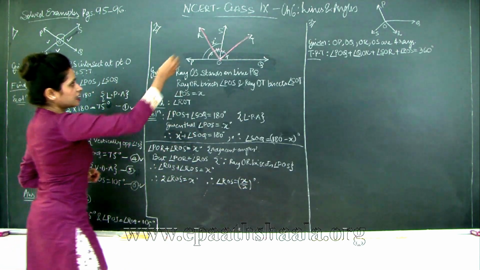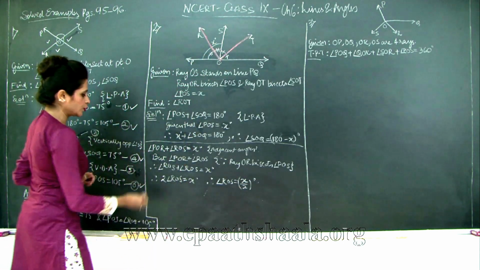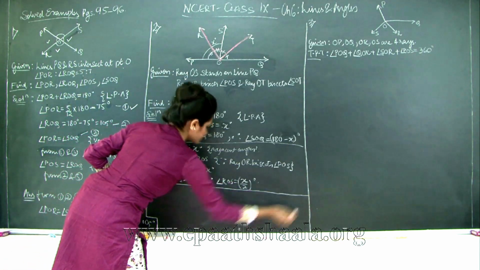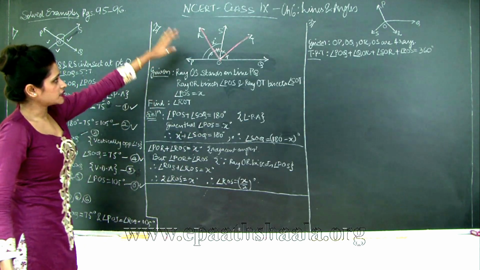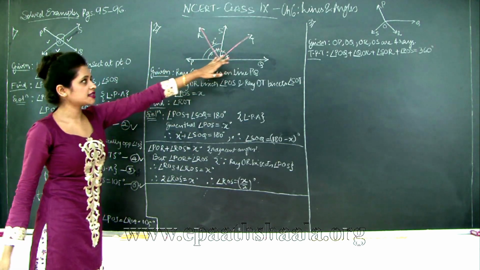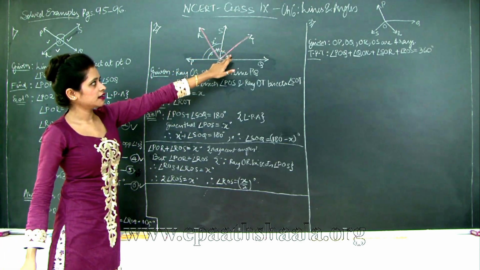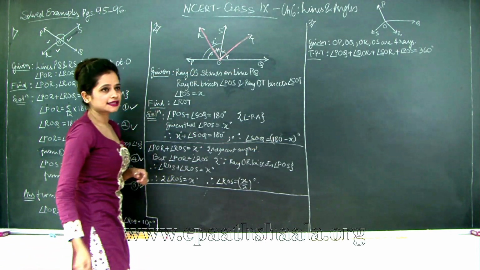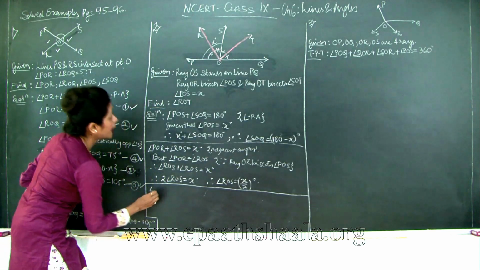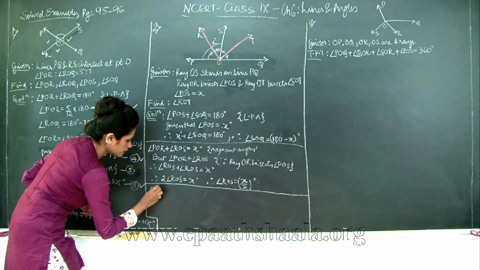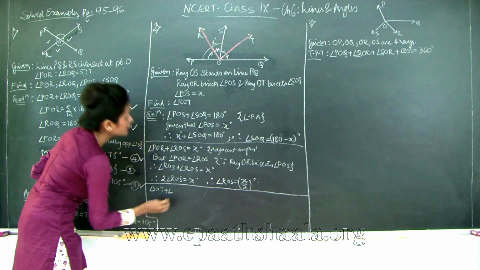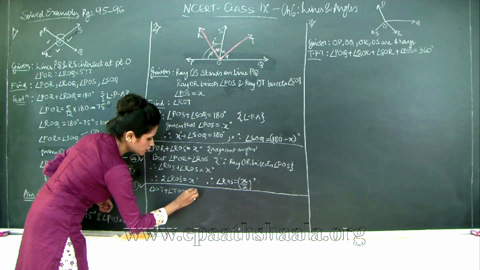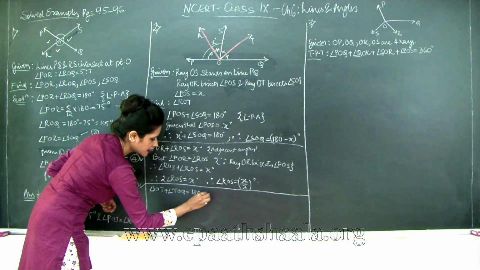Correct? Now let's move on to angle SOQ. Now SOT plus TOQ is 180 minus x degrees, because SOQ is 180 minus x degrees. So let's write this: angle SOT plus angle TOQ is equal to 180 minus x degrees.